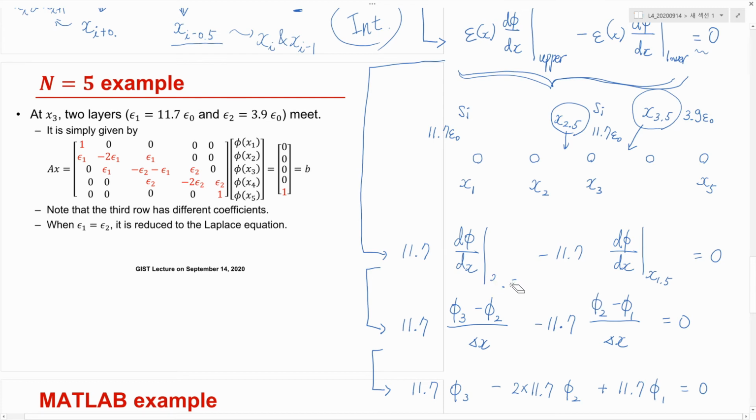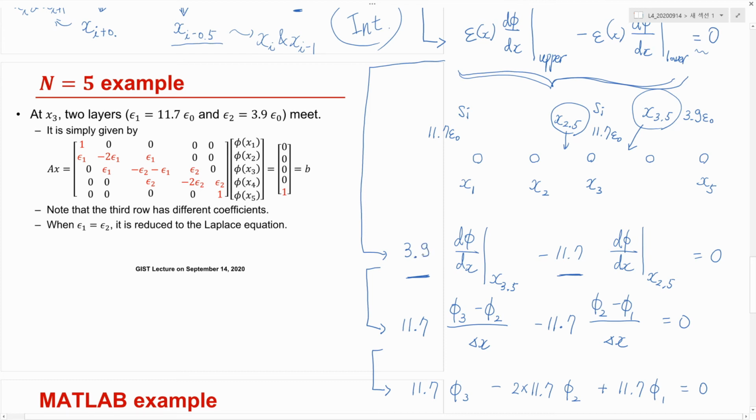Here, instead of 2.5 and 1.5, now we have x sub 3.5 and x sub 2.5. Still, we have silicon in this lower bound, but in the upper bound, instead of 11.7, now we have 3.9.